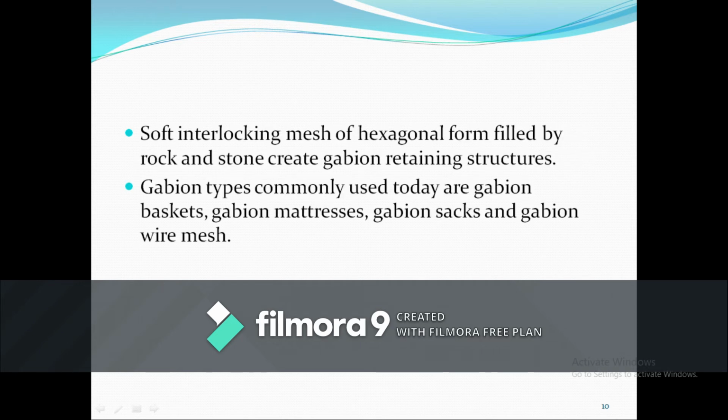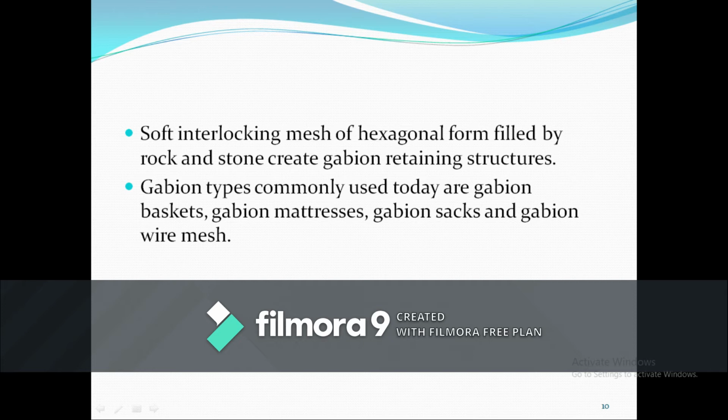Soft interlocking mesh of hexagonal form filled by rock and stone creates gabion retaining structures. Gabion types commonly used today are gabion baskets, gabion mattresses, gabion sacks, and gabion wire mesh. So here when we said gabion walls, what did we say? We have said that an interlocking mesh is being created.